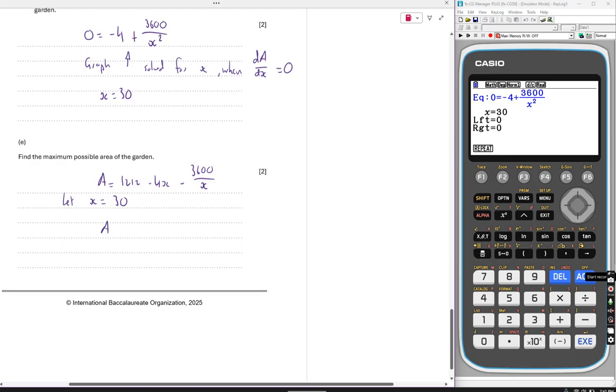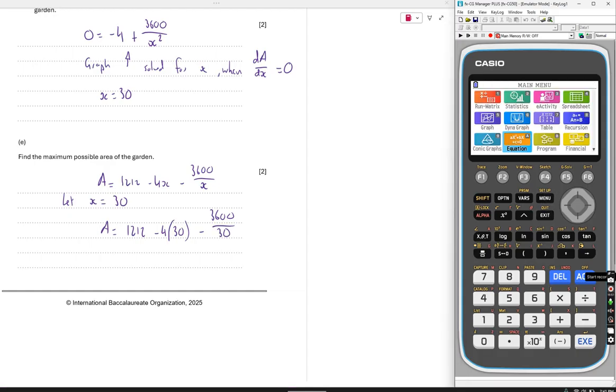So we're going to have area equals 1,212 minus 4 times 30 minus 3,600 over 30, and let's see what we get.